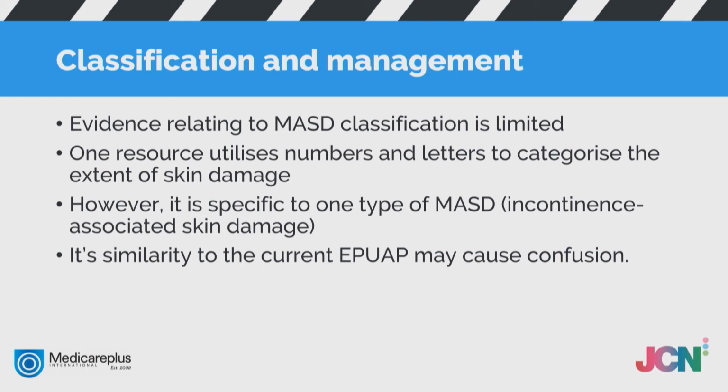So whilst it has a value in clinical practice, it doesn't incorporate the 4 categories that we now understand to fit under the umbrella of MASD. And because that particular resource uses numbers and letters, it's actually really quite similar to the European Pressure Ulcer Advisory Panel, and that actually could lead to some confusion in clinical practice.